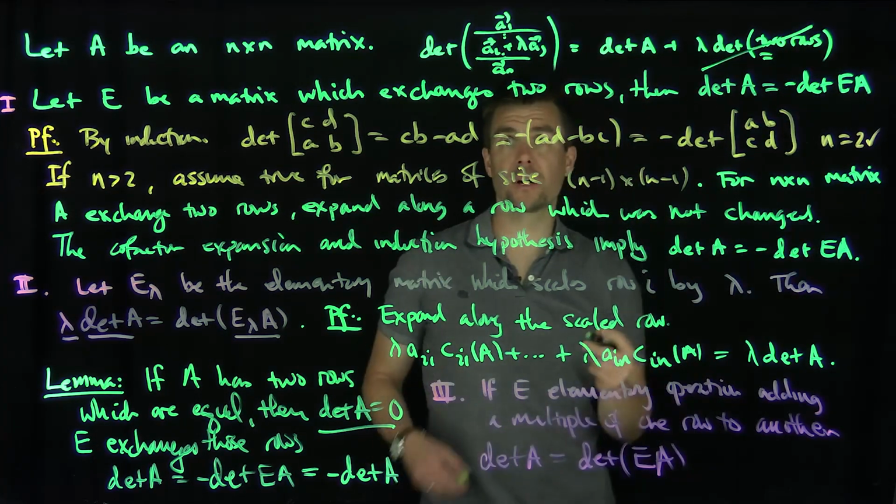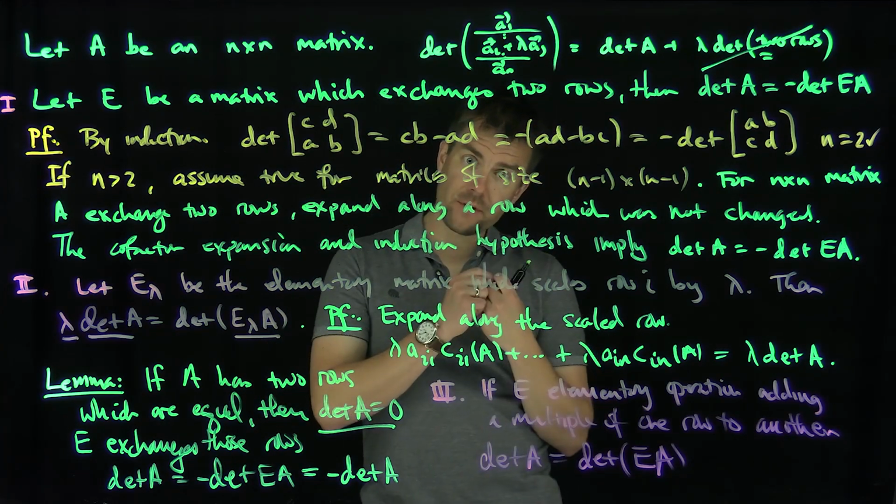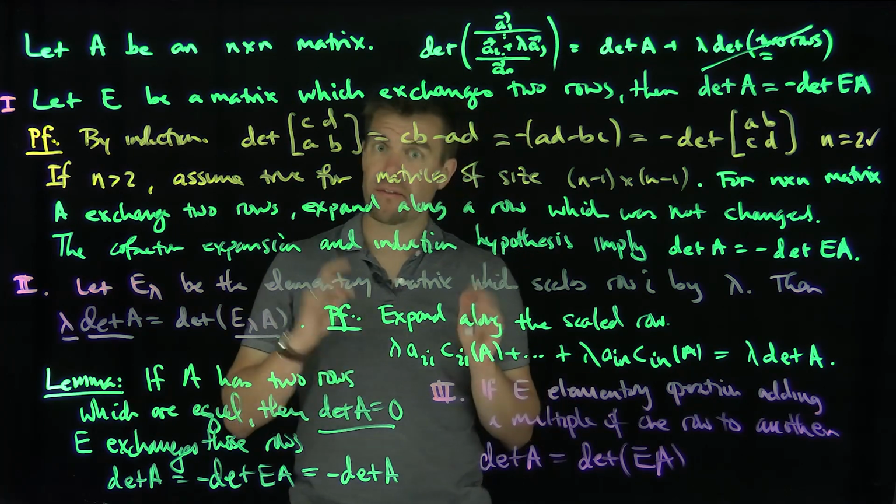And those will be equal to 0. So by the lemma, you'll get 0. So we have 3 row operations.